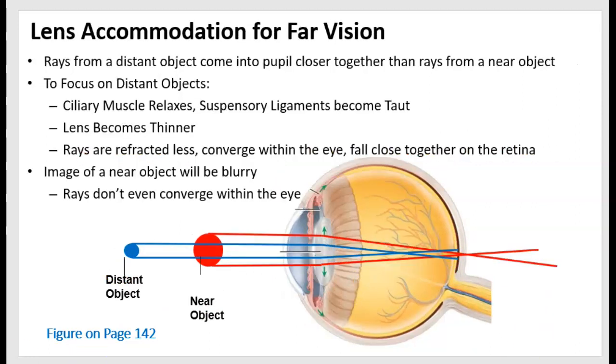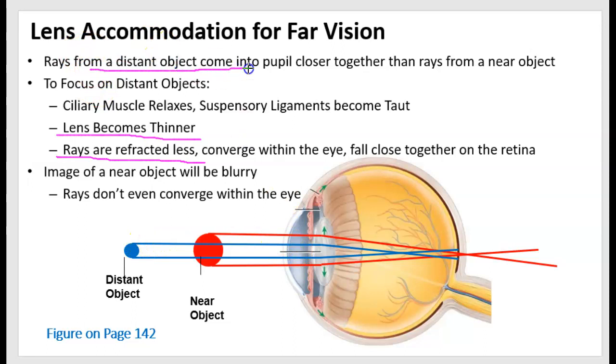Okay, let's look at what happens when we try to focus on something that's far apart. In this case, we need a thin lens. Okay, and we need the lens to be thin because we want bending to happen less. We want the rays to be refracted less. This is because they're already coming in close together.